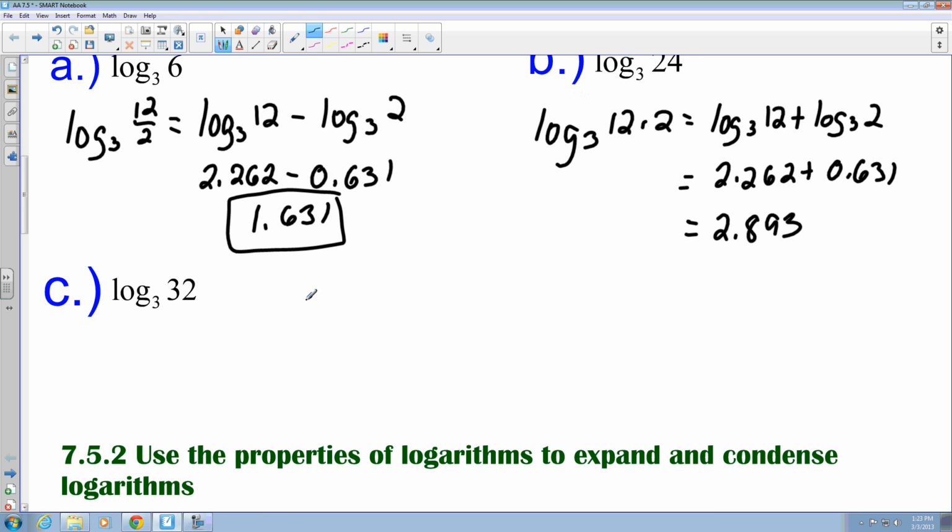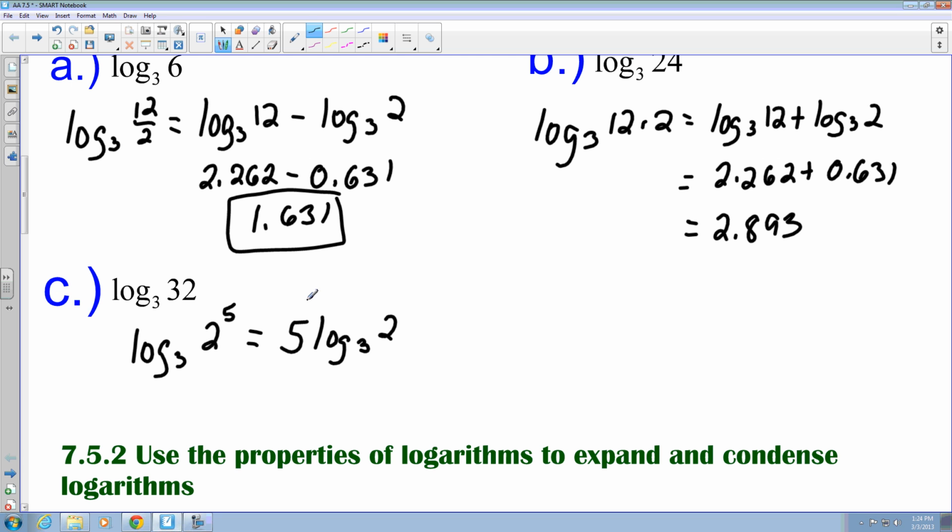C, I have log base 3 of 32, and I can rewrite this as log base 3 of 2 to the 5th power, because 2 to the 5th power is 32. And then I can use the power property and rewrite this as 5 times the log base 3 of 2.